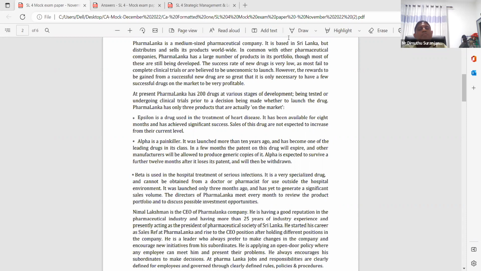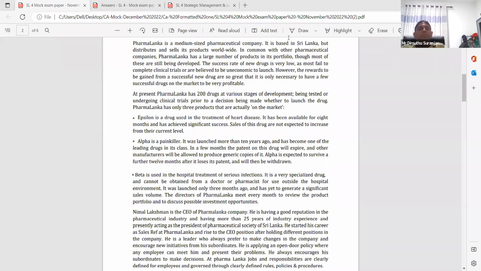The success rate of new drugs is very low, as most fail to complete clinical trials or are believed to be uneconomical to launch. If you look at this research and development, most of them do not become reality. So they fail in between.